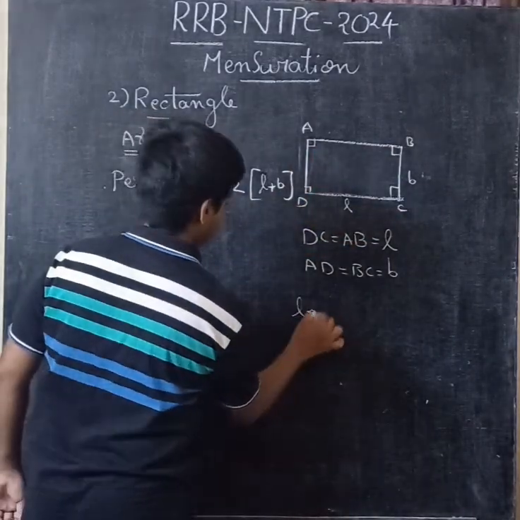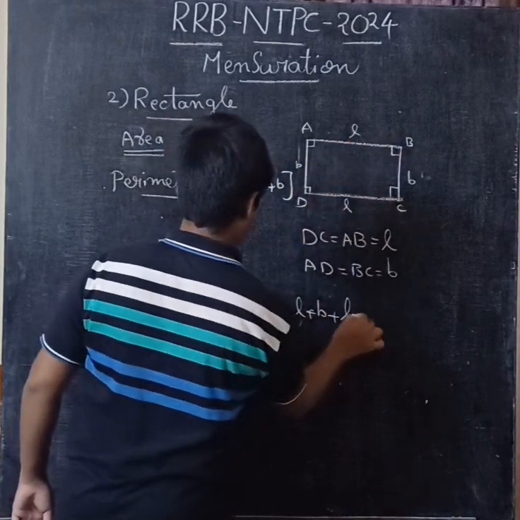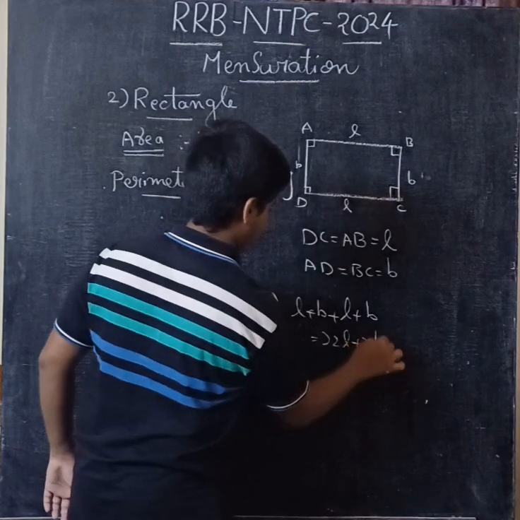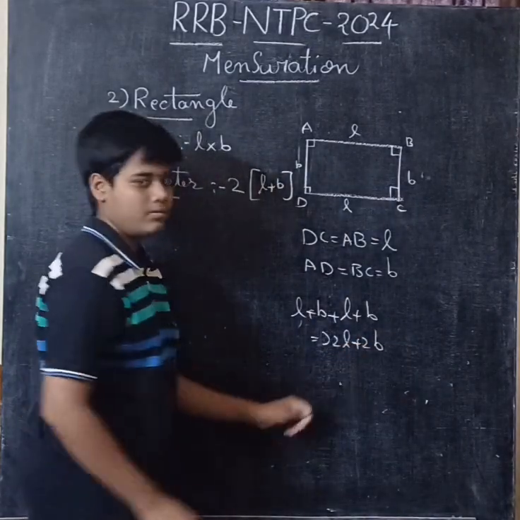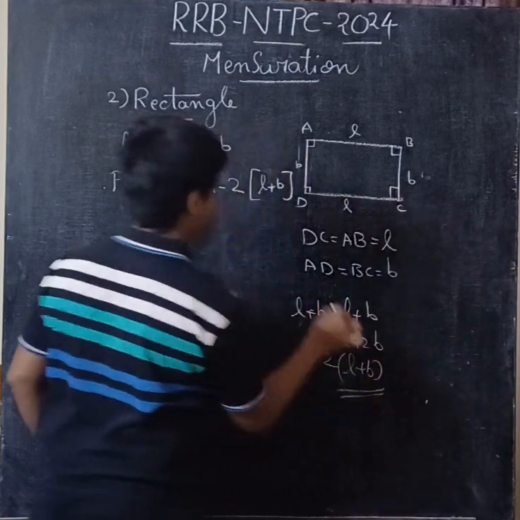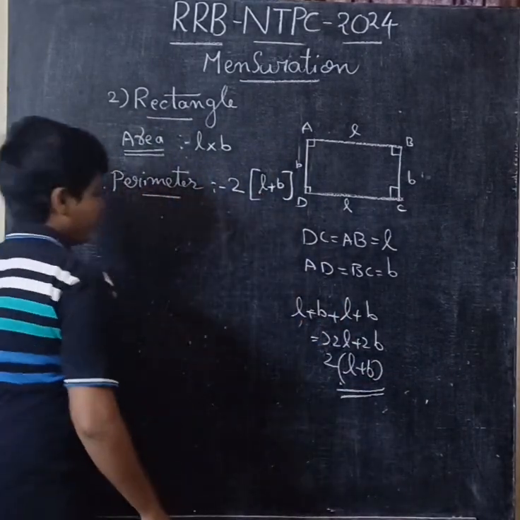So L plus B, and this is also B, and this is also L. So L plus B plus L plus B, which is nothing but 2L plus 2B. If we take 2 common, 2 into L plus B. So this is the perimeter formula. Like this we can derive.